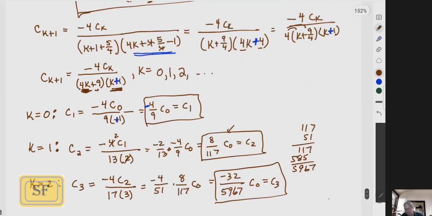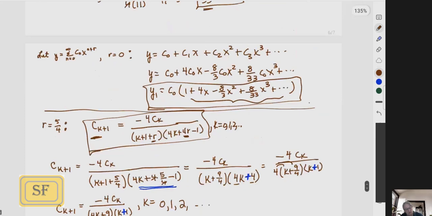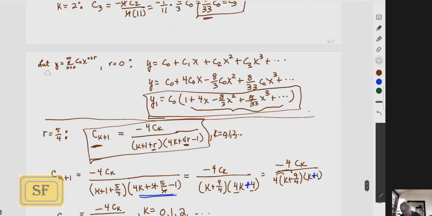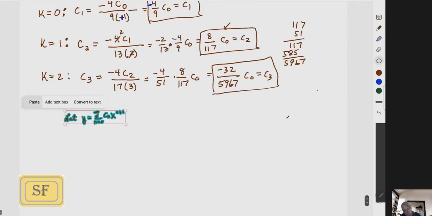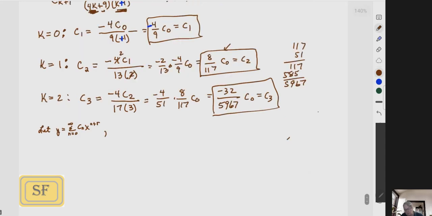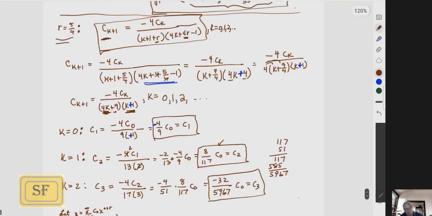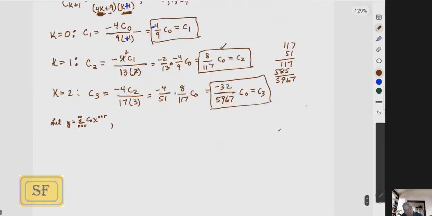So in this case, our summation looks like this. I'm going to copy this. And here we have r is equal to 5/4. So I'm going to take that summation and factor out the x to the r, just to make it a little bit easier to calculate.